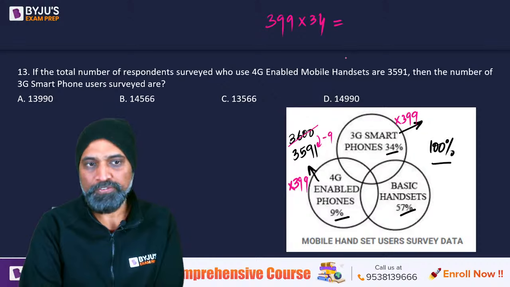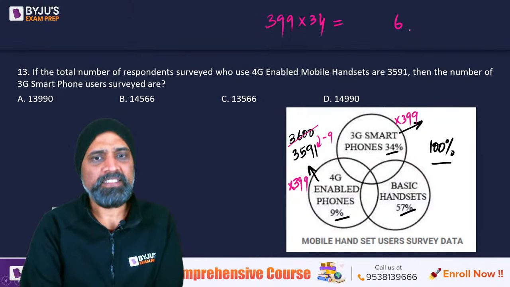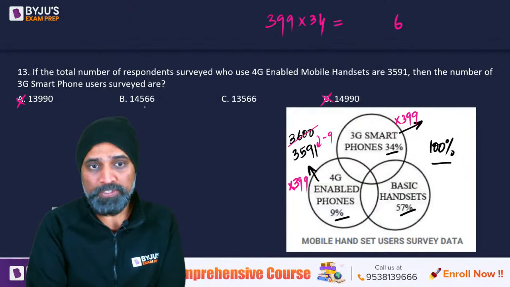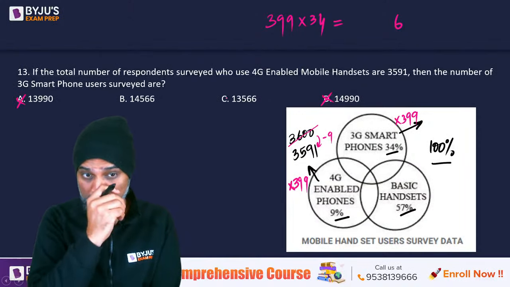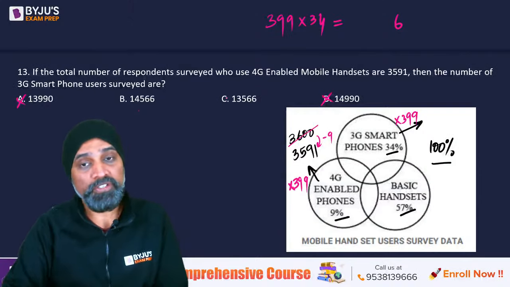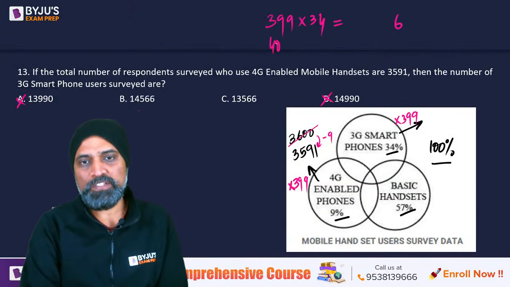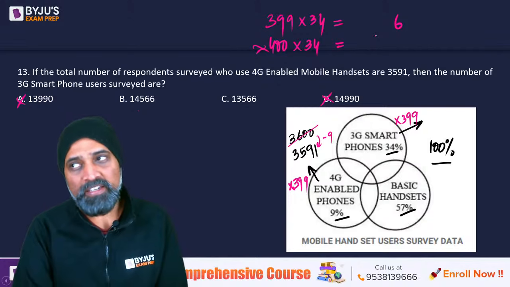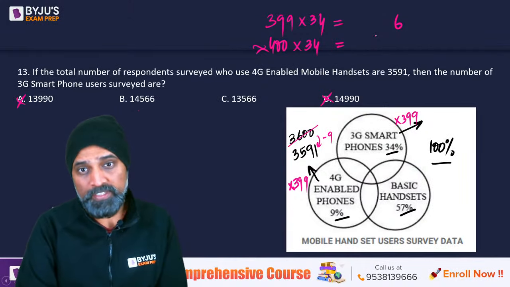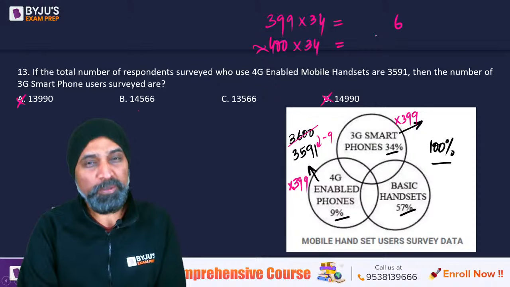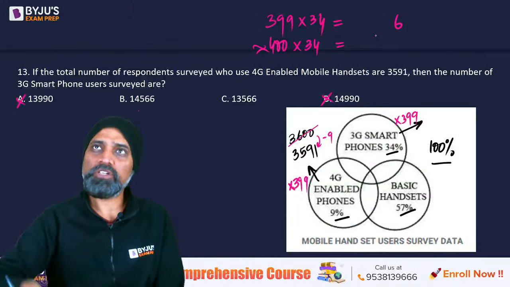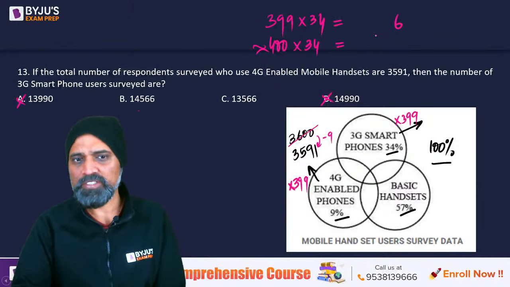399 into 34 is definitely going to end in 6. So D and A can't be our right options. Now between these two, we have to see, is it going to cross 14,000 or not? So we can very much say this is 400 into 34. Okay. Now 400 into 30 will be preferably 12,000. 400 into 4 is going to be 1,600. 12,000 plus 1,600 is 13,600.